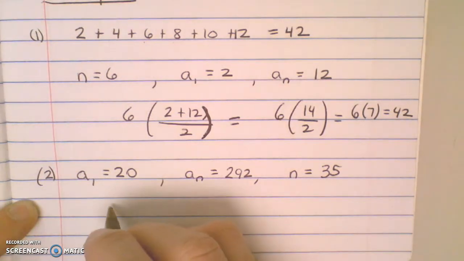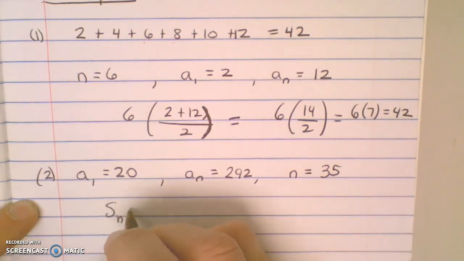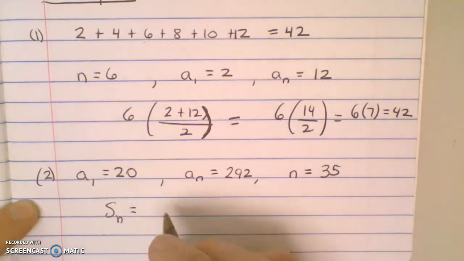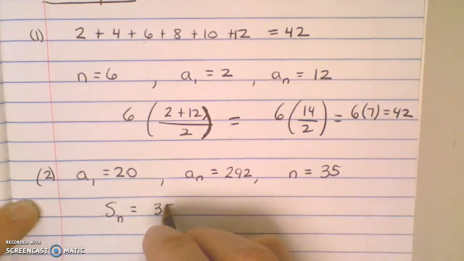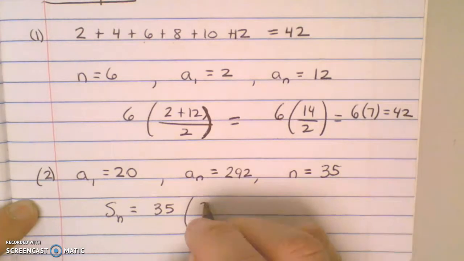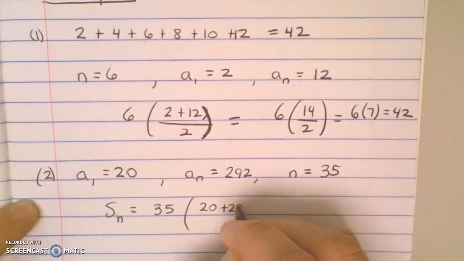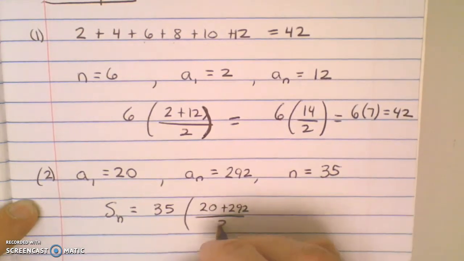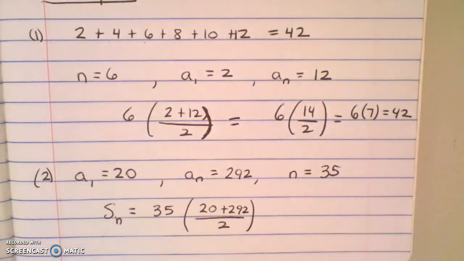So using the formula, we have the sum, S sub n, equals the number of terms, 35, times the first term plus the last term, divided by 2. So 20 plus 292 is 312.